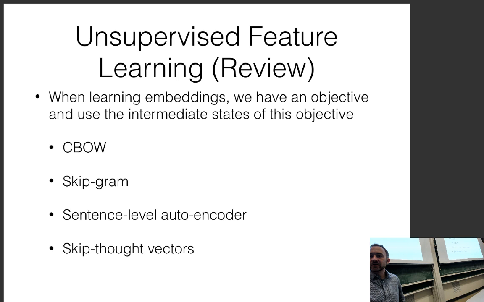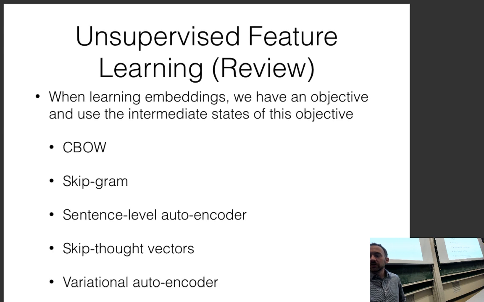We also had things like skip thought vectors, which predict the surrounding things, and of course BERT uses this as well. We also had variational autoencoders, so variational autoencoders could learn features. So all of these, basically what they're doing is they're learning continuous vectors, where that continuous vector can represent the whole sentence, or it can represent each individual word in the sentence.